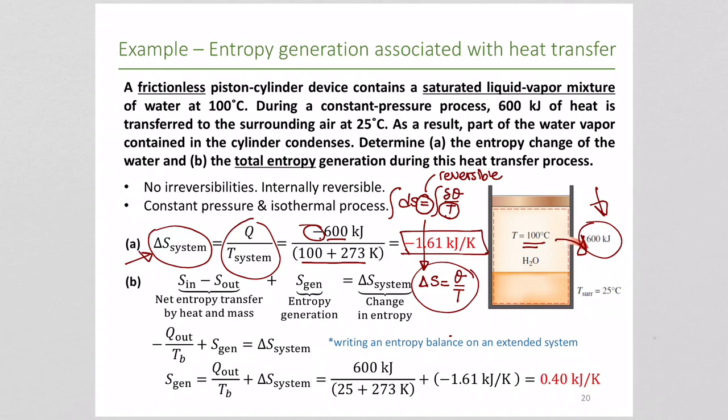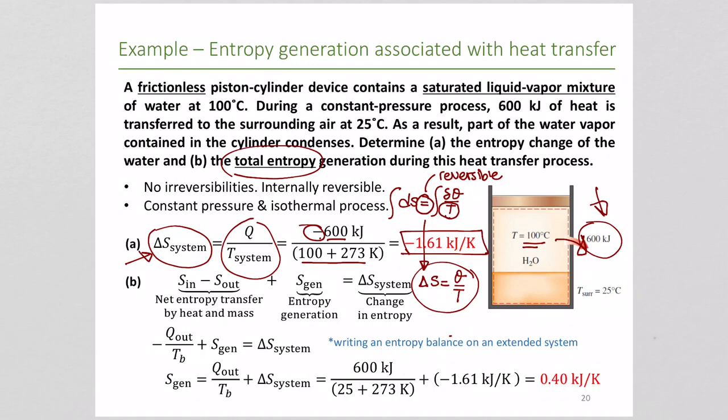So the next thing asked in the problem is the total entropy generation. When we are talking about total entropy generation, you need to consider what we call an extended system: the system plus its immediate surroundings.